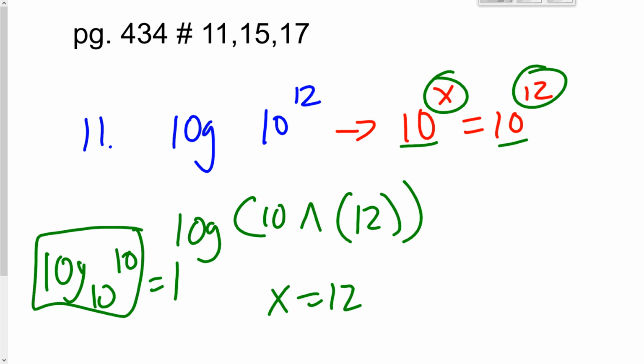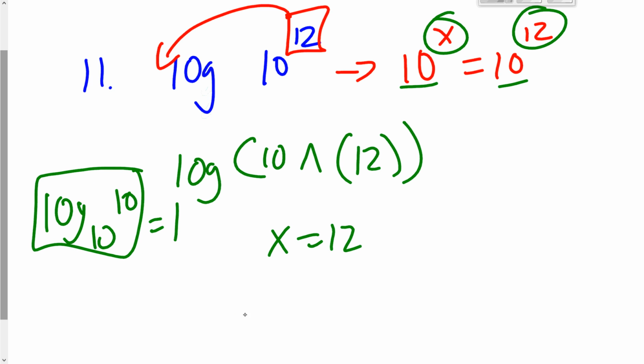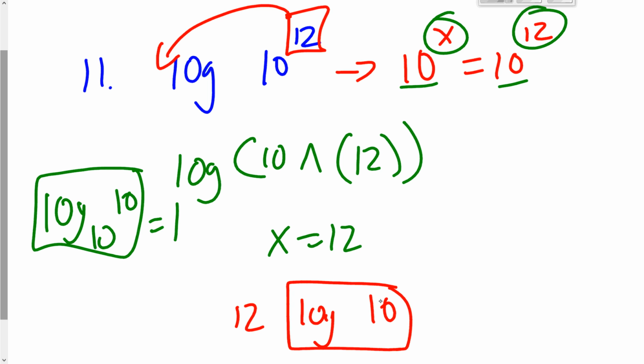Then we can use our rules of exponents: the exponent always goes in front of the log, so you can rewrite that as 12 log of 10, and log of 10 is equal to 1, so we just get 12 as our answer. Okay, let's go to the next one.